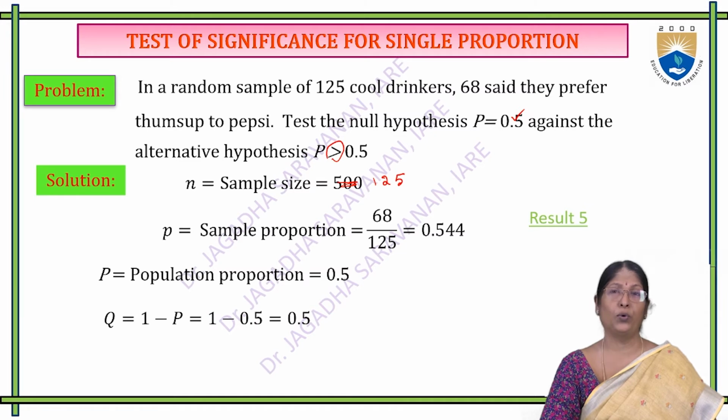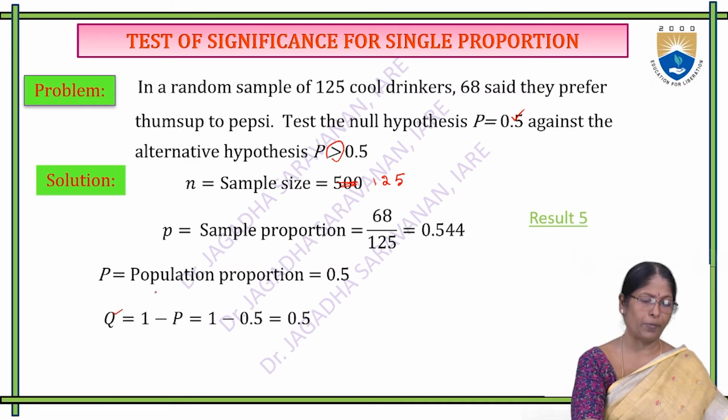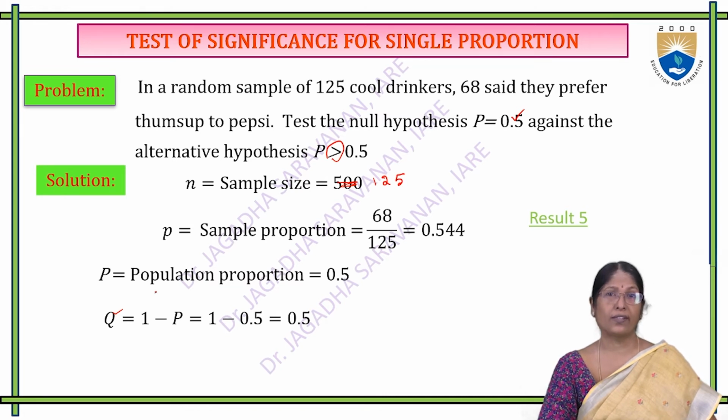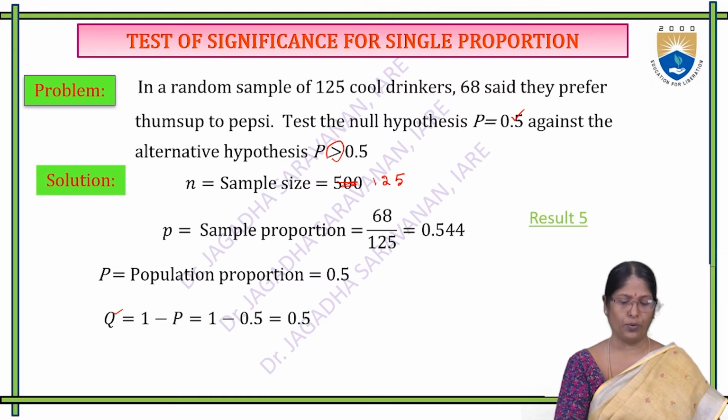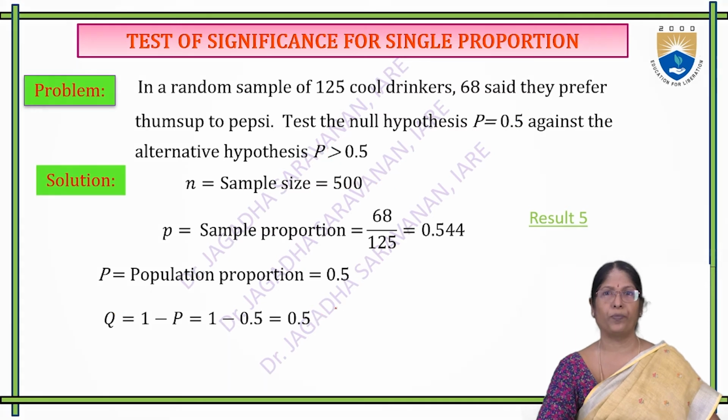So capital Q is 1 minus capital P. Why do we find this? Because the test statistic is small p minus capital P divided by square root of capital PQ by n, so capital Q is needed, and we found capital Q, that is 0.5.